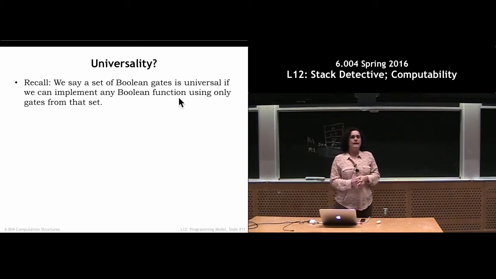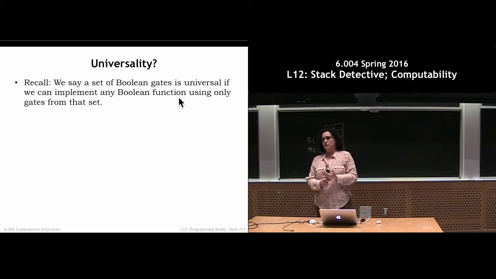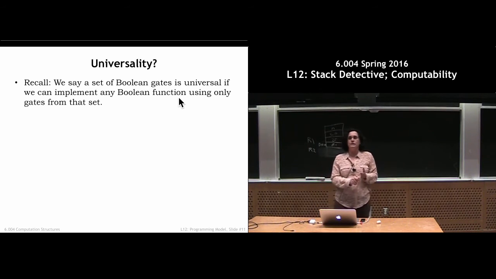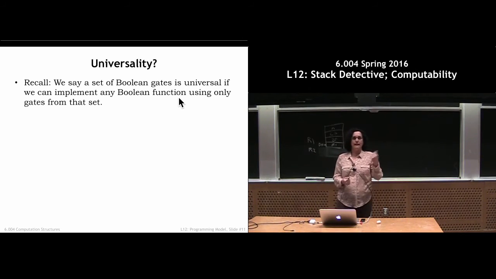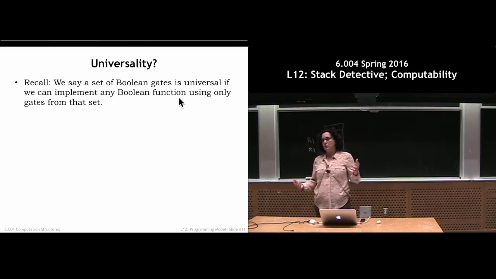And so we found that things like NAND are universal. You can use NAND in order to create any Boolean function. We also found that NOR is universal. Similarly, you can take an AND and a NOT, or an inverter, put them together to create a NAND, which means that AND with NOT together is also a universal set, and so on.